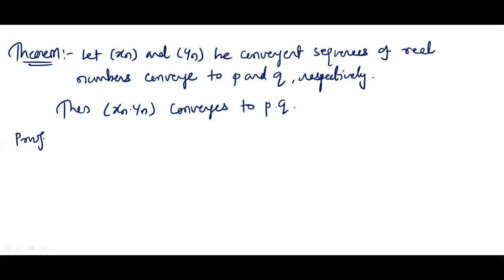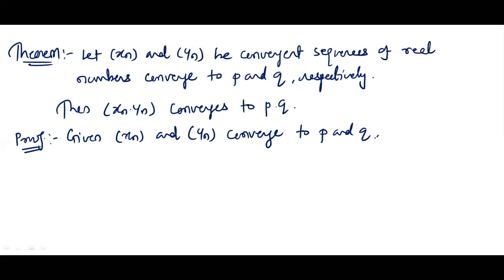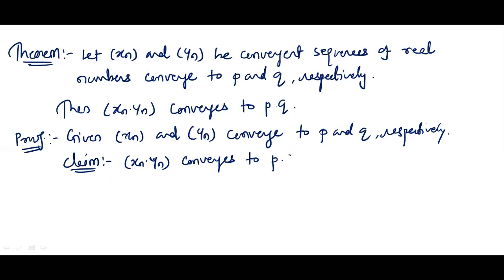Let's see its proof. Given sequences xn and yn converge to real numbers p and q respectively, and we claim that the sequence xn into yn converges to p into q.